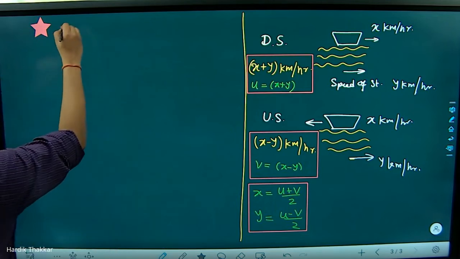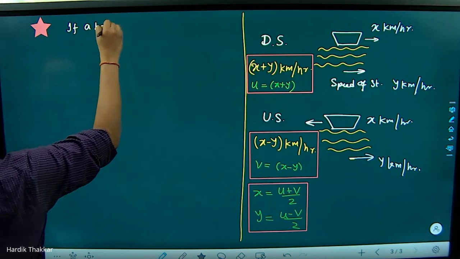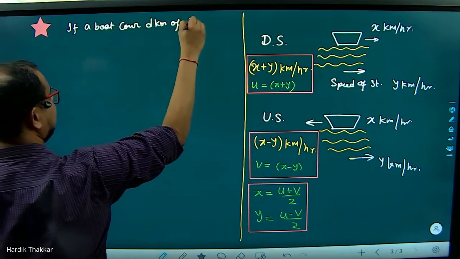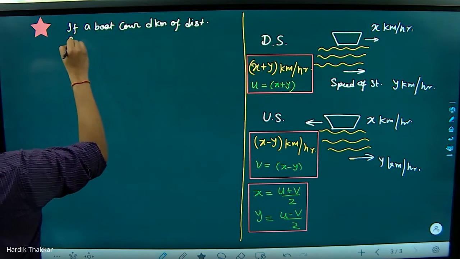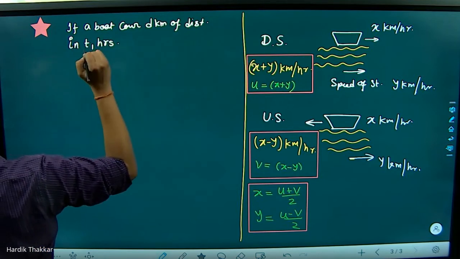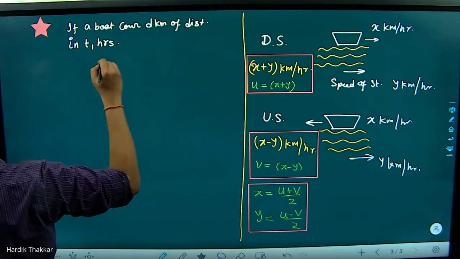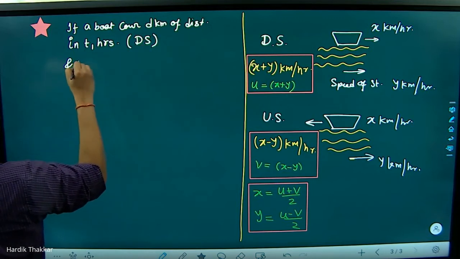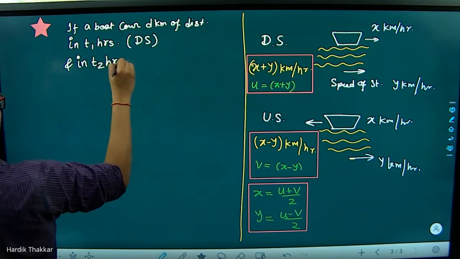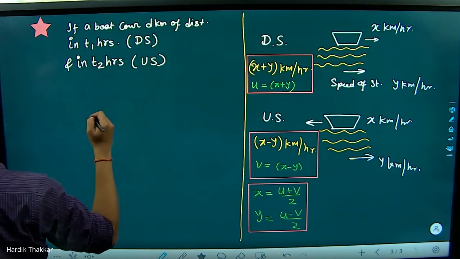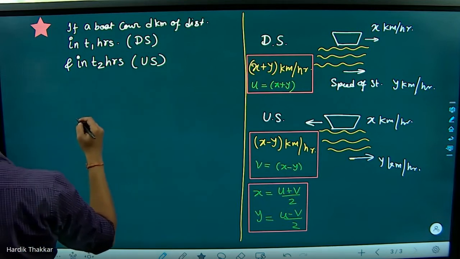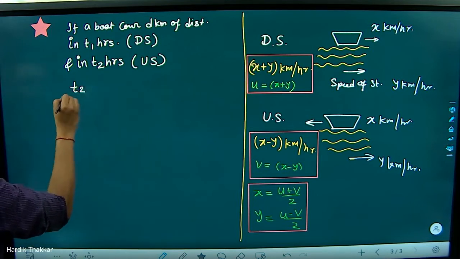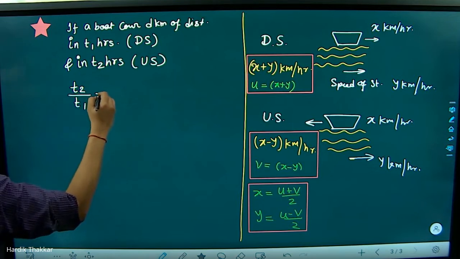If a boat covers d kilometers of distance in t1 hours in case of downstream, and in t2 hours in case of upstream, then what we can write is t2 by t1 is equal to (x plus y) by (x minus y).